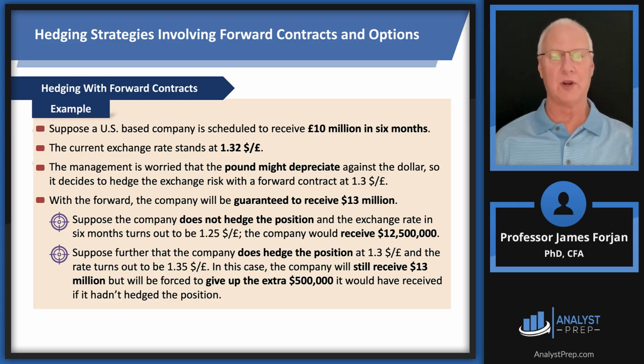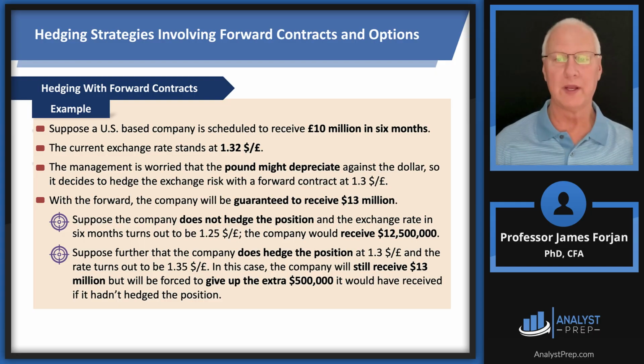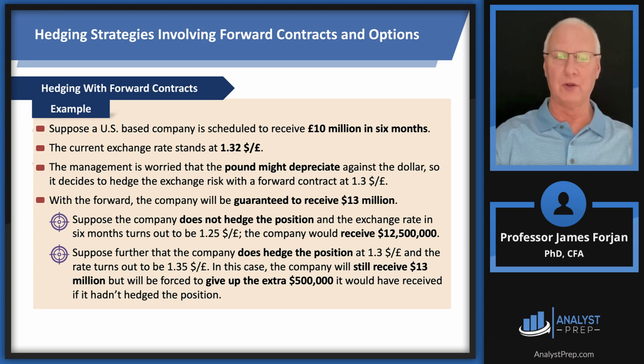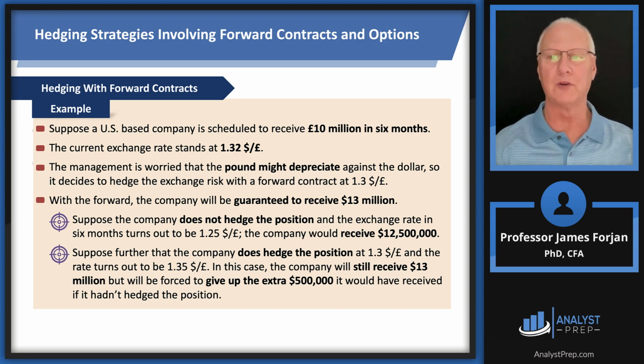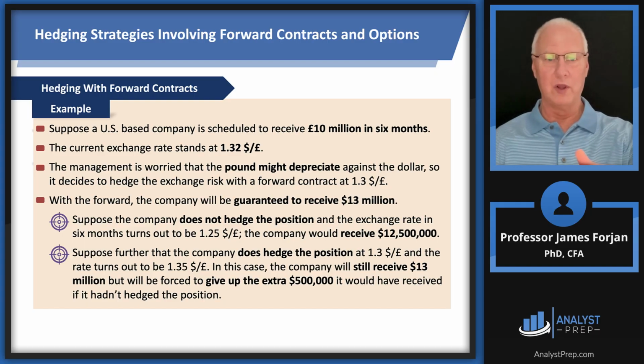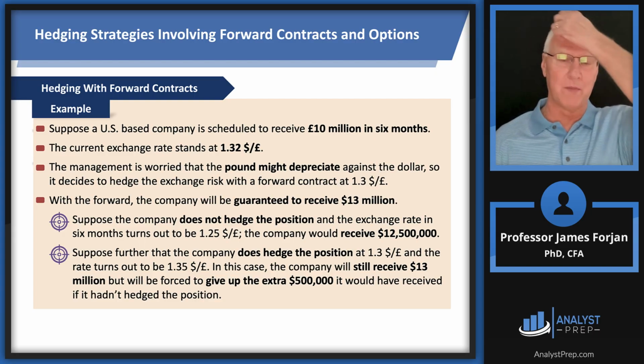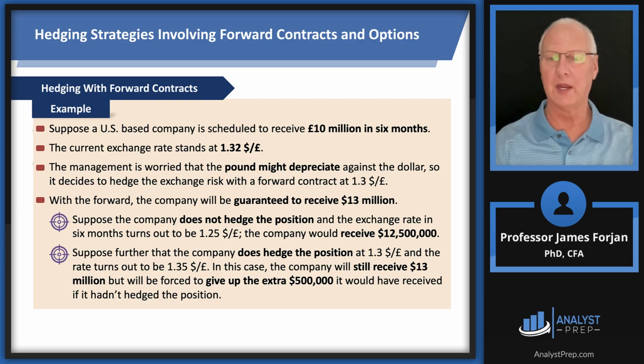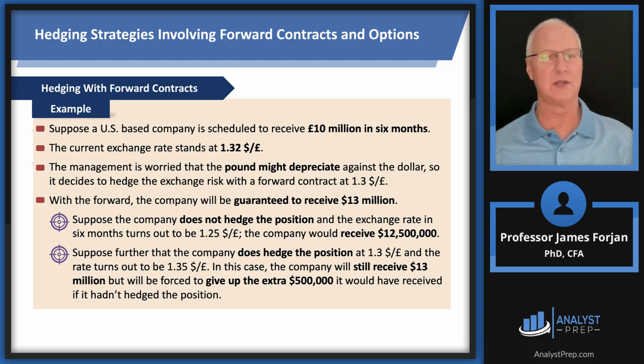But if the rate turns out to be 1.35, what that means is that we are on the losing end of the forward contract, which means that we're going to lose $500,000. We're going to exchange our 10 million in the spot market at 1.35, which would get us 13.5 million, but we're going to lose in the forward market, and that's going to get us back to the 13 million.